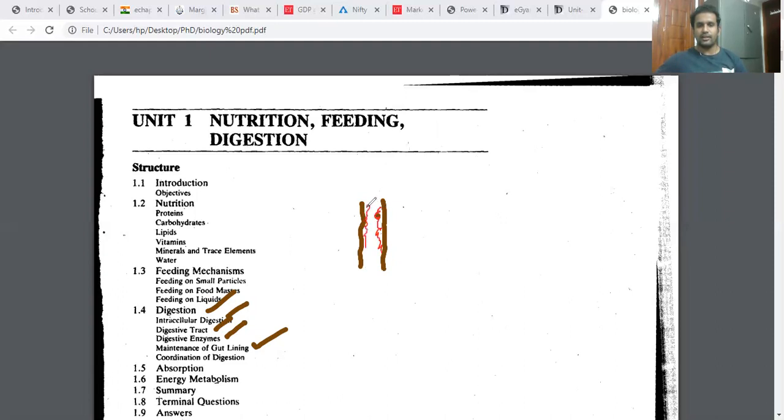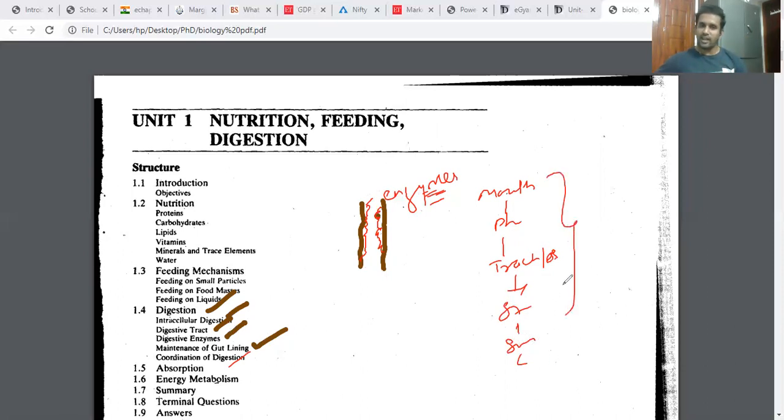Generally, this lining secretes enzymes and chemicals which are required for us. And coordination of digestion: how our mouth coordinates with the pharynx, then the esophagus, then the stomach, small intestine, large intestine, and it moves out from our body. So how the coordination takes place, we will study that also.